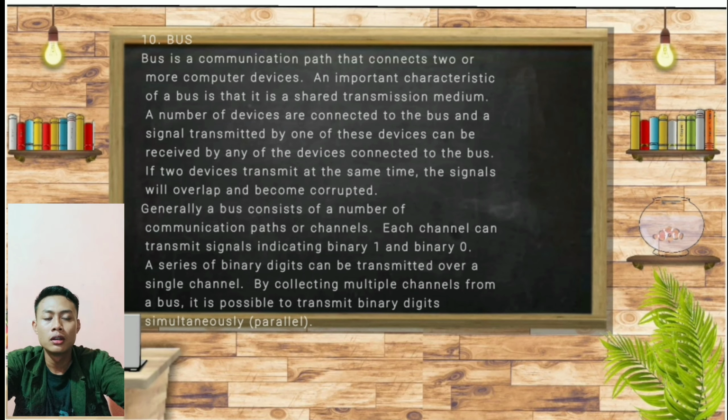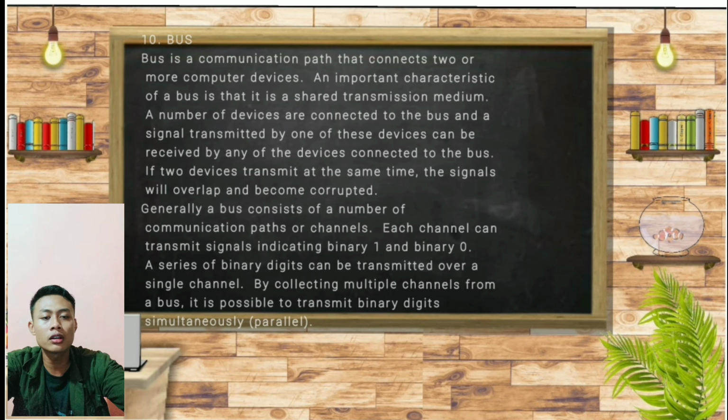10. Bus. A bus is a communication path that connects two or more computer devices. An important characteristic of a bus is that it is a shared transmission medium. A number of devices are connected to the bus.